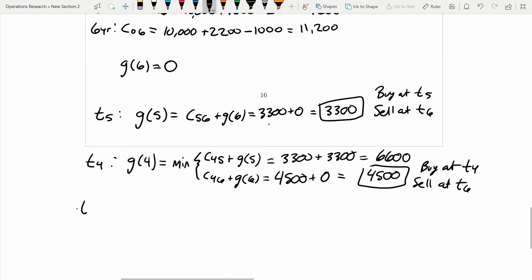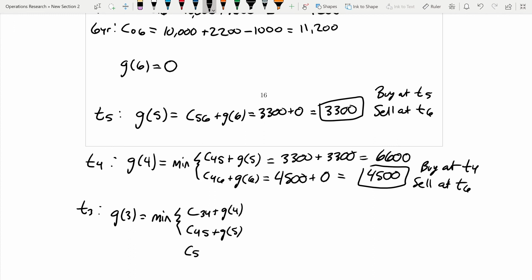Going on to T3 here, we've got G of 3 is equal to the minimum of, we can go from year 3 to year 4 and add G4, or 3 to 5, or we can go from 3 to 6, is what I had meant to write.